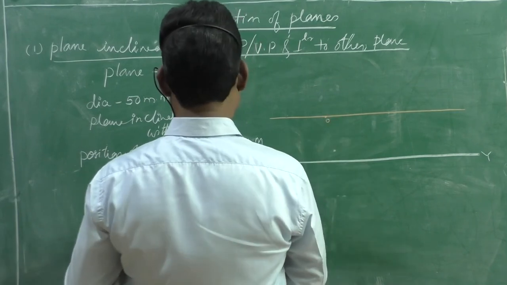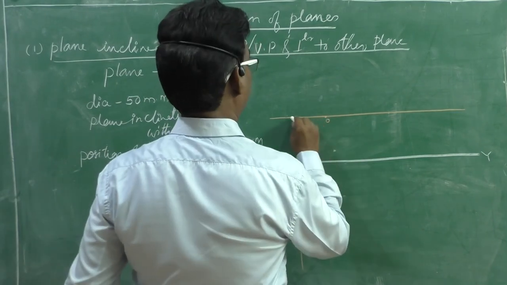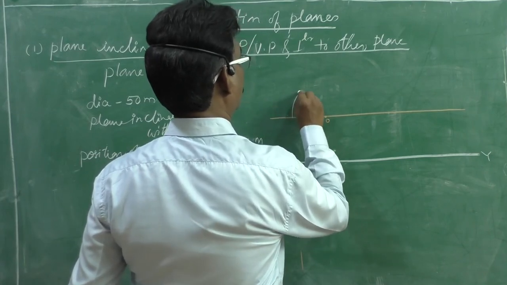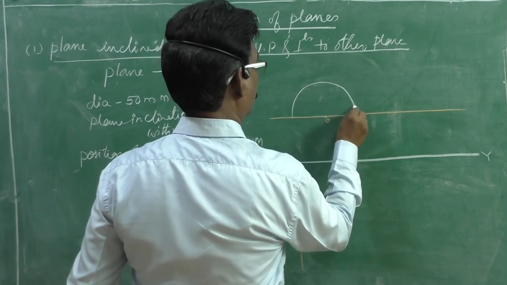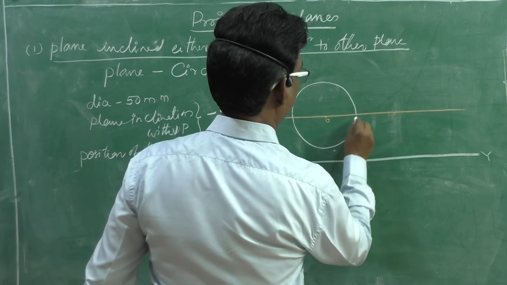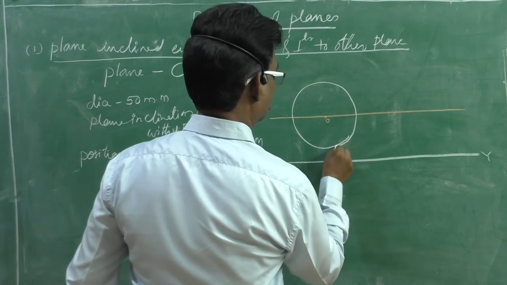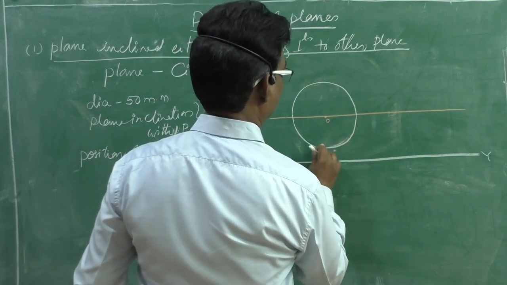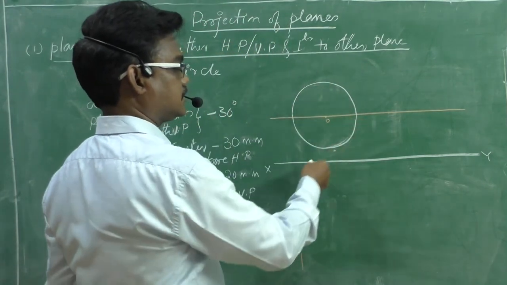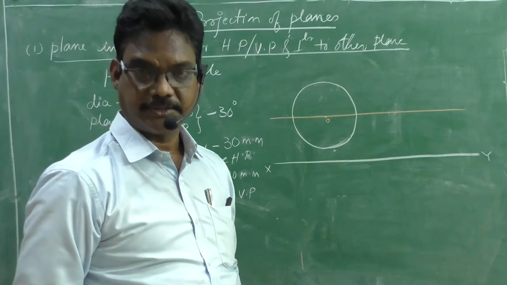With 25 mm radius, draw a circle. The circle doesn't have well-defined edges.